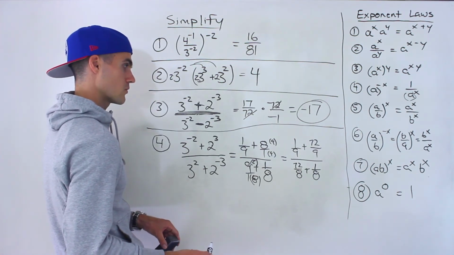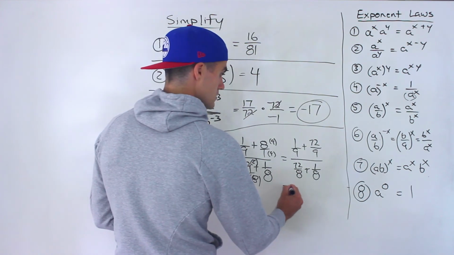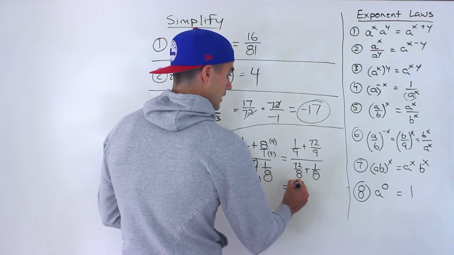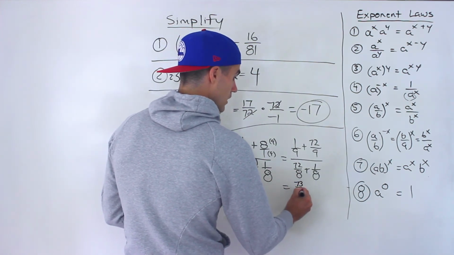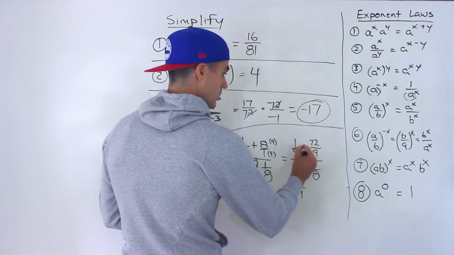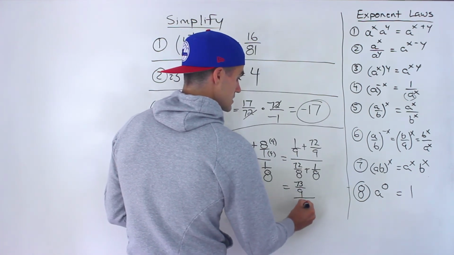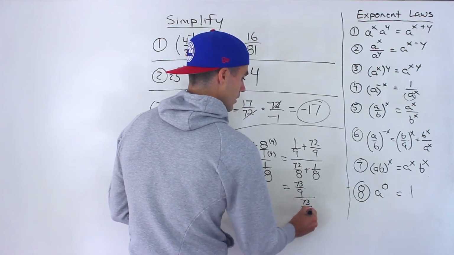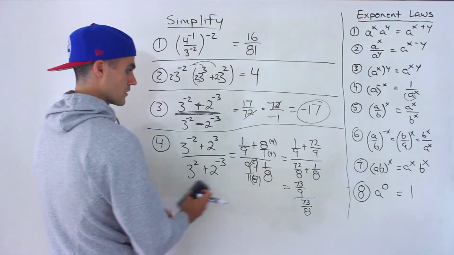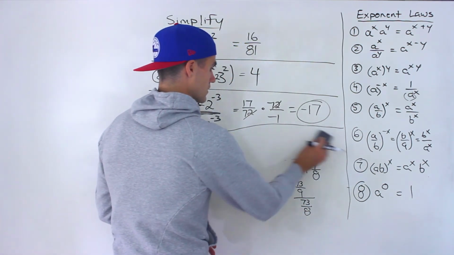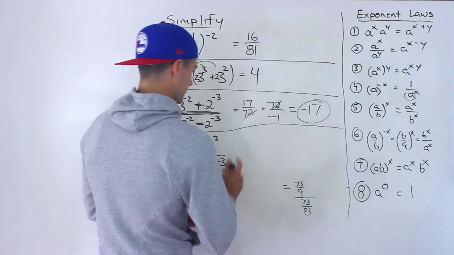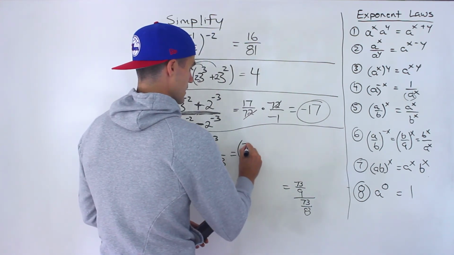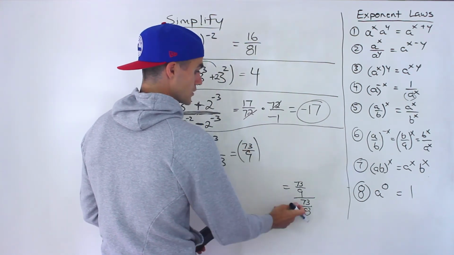Okay, so we have this. Let me just make sure that we're all good here. Yeah, it looks fine to me. So we'd end up with 73 over 9 divided by 73 over 8. And then continuing this over here, we'd have 73 over 9 divided by a fraction.